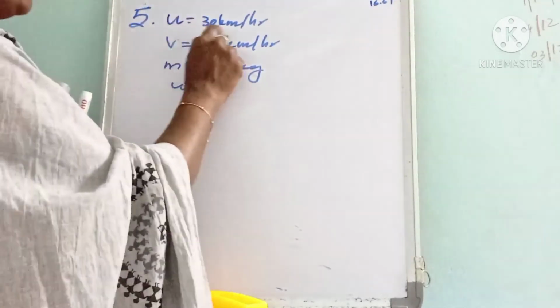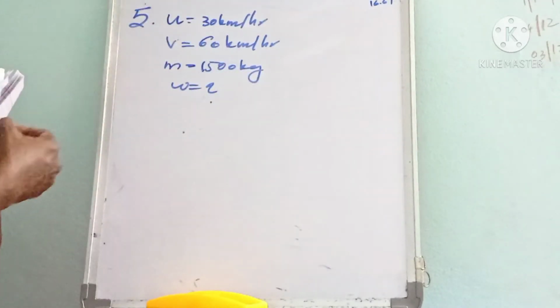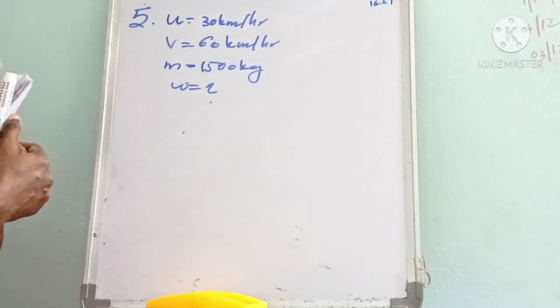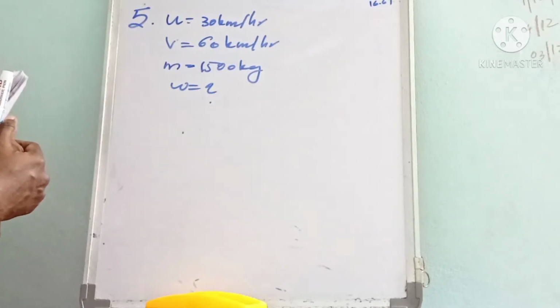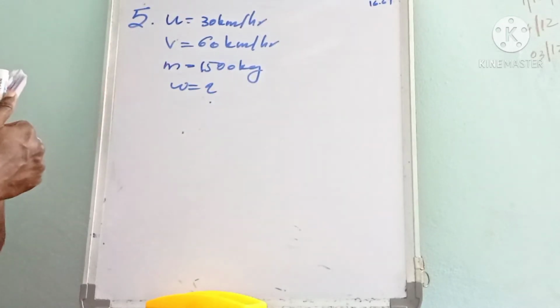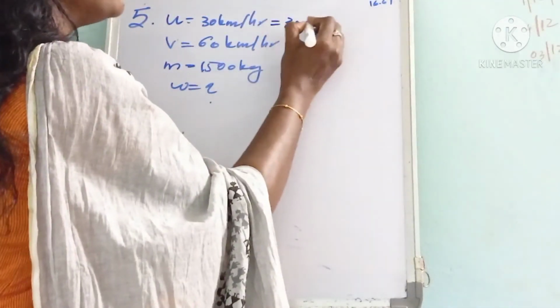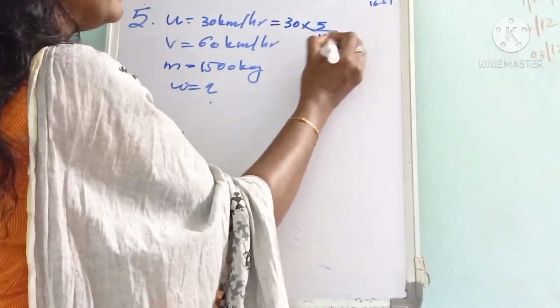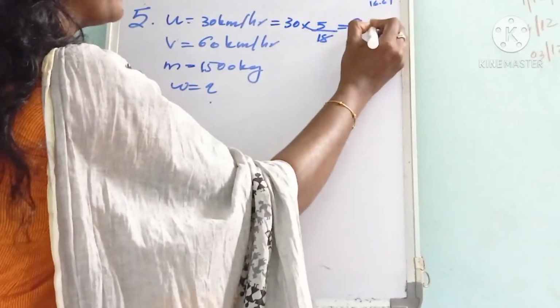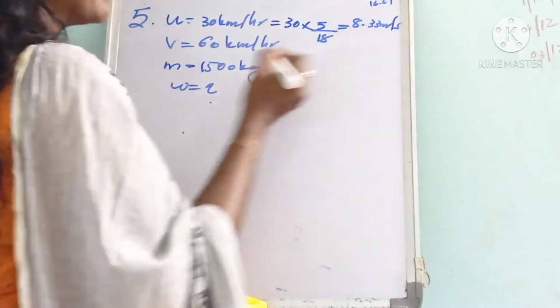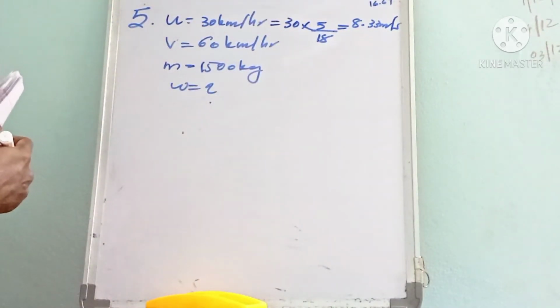Here the velocity is given in kilometer per hour. Then you know how we can convert it into meter per second? How we can convert kilometer per hour into meter per second? Multiplying by 5 by 18. So here it is 30 into 5 by 18. It will give 8.33 meter per second.